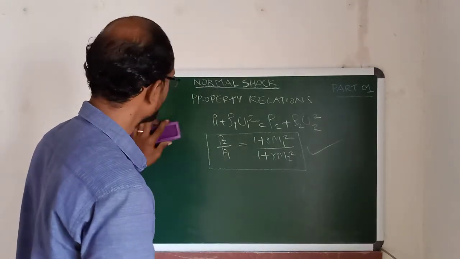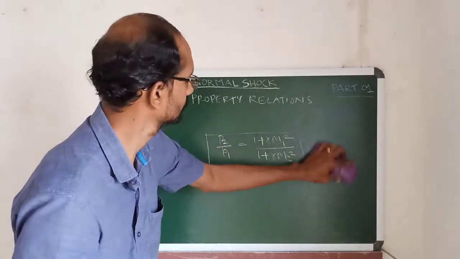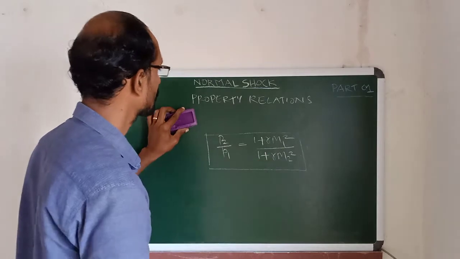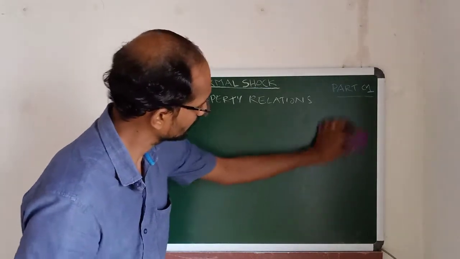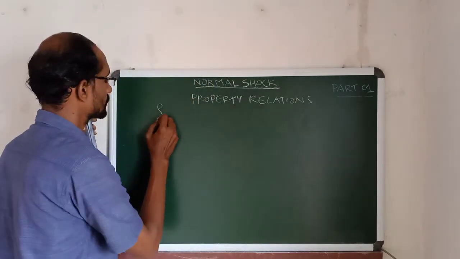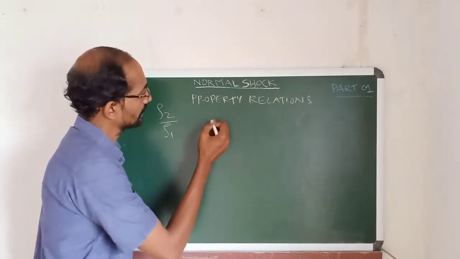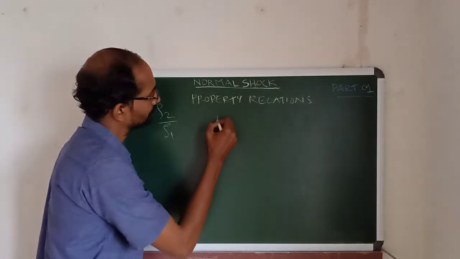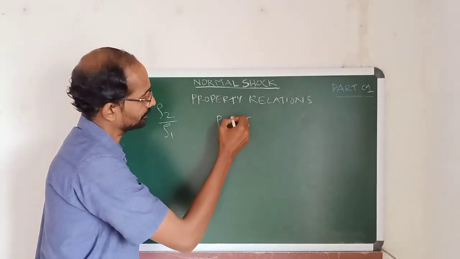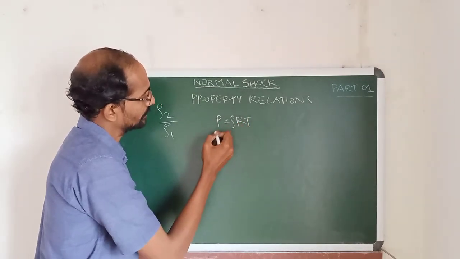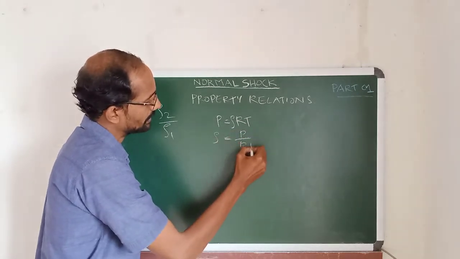Now we are going to talk about the density ratio. So let me erase all this. Density ratio, that is rho2 by rho1. It's very simple because you know that P is equal to rho RT. So that means rho is equal to P by RT.